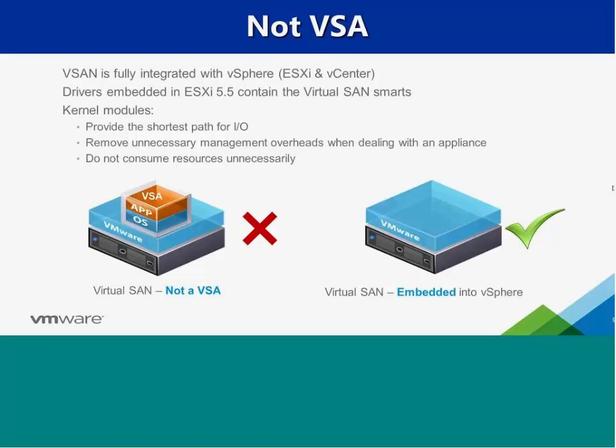So the minimum configuration, for example, I believe was 2 hosts. With vSAN, it's 3 hosts. So there is a little difference in your entry to market, but what you get out of it and the policies and the provisioning is completely different. Next slide, please.